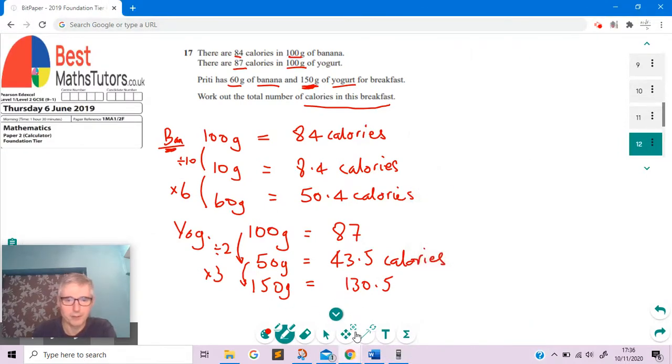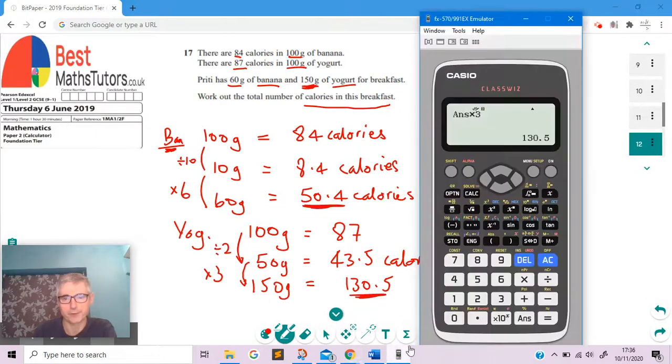And so finally, all we need to do is find the total calories in the breakfast. So we just need to add these two figures together. Get the calculator up. I'm going to use the 130.5 that I've got there and just add 50.4 onto it. So plus 50.4.